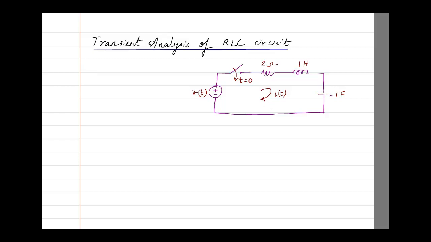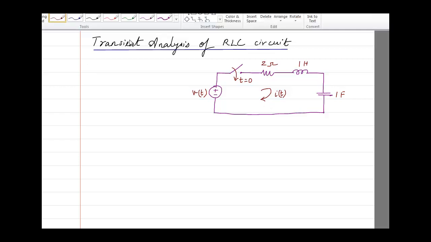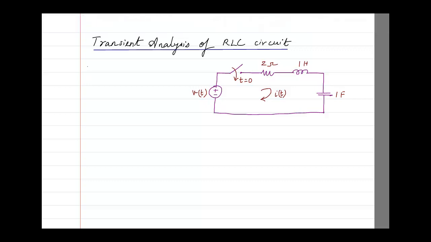The question is, for the given circuit, find I of t for t greater than 0. That means after this switch is switched on, I have to find out the equation of current I of t.